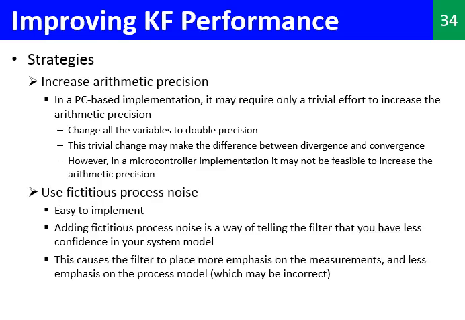Now another strategy we can employ is to use fictitious process noise. So what this means is that we are going to naturally believe that the process dynamics has more noise than the measurement process. And as a result, we are going to inflate the variances in the process noise covariance matrix. Okay, so we are basically saying that we have less confidence in the system model when compared to the measurement model.